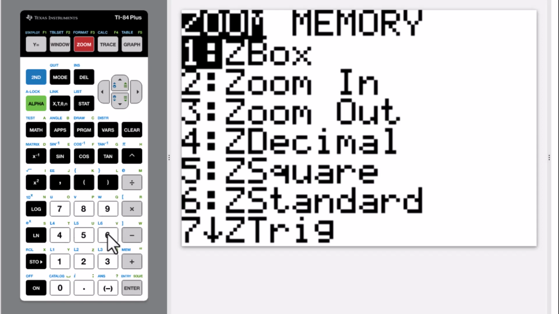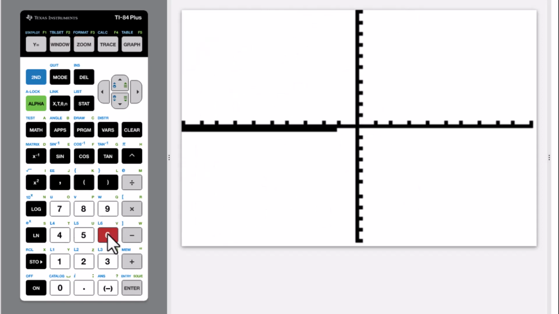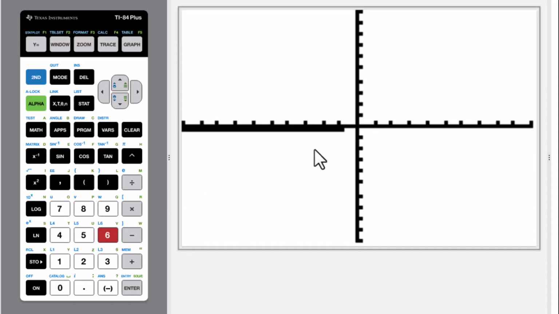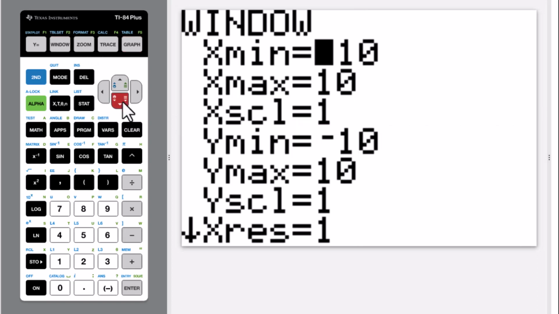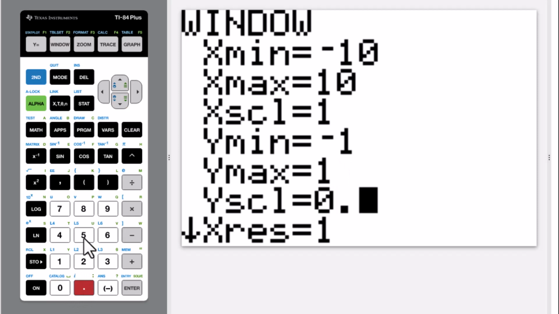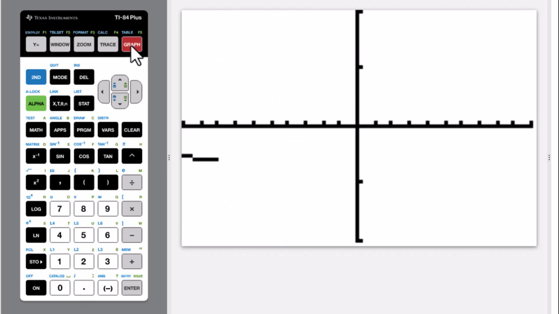Zoom 6. This is a standard window. Since we are looking for the x-intercept, I will change the window for y: minus 1, 1, 0.5. Graph again.